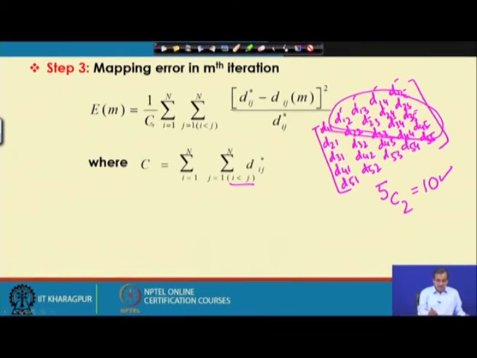And the reason we consider the sum of the distance values is that we try to find out the average. That means, this particular thing is multiplied by 1 by C. So, we will be getting the expression for this error in mapping at mth iteration. Now, let us see how to proceed further.